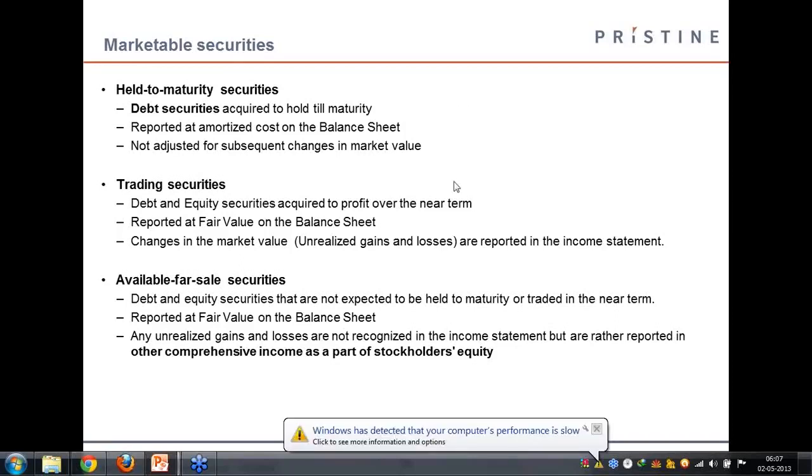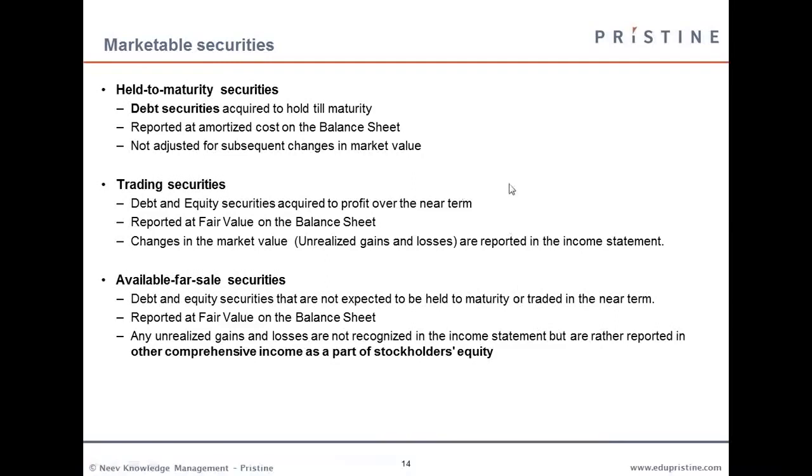Say the bond value changes over the course of time. Those effects are not taken into consideration since we are keen to hold to maturity, so we only report it at amortized cost. What amortized cost means is you have the cost and subtract the accumulated depreciation or amortization, and the remaining value is the amortized cost. It's basically the historical cost minus the accumulated depreciation or amortization.